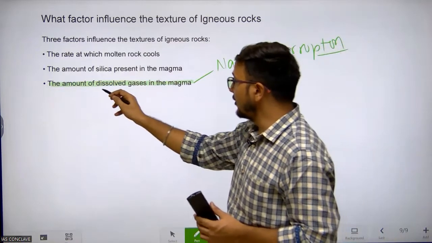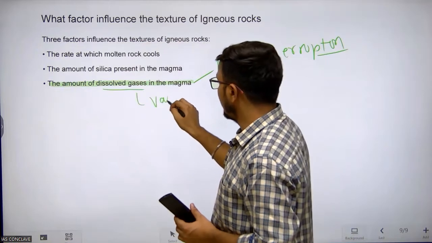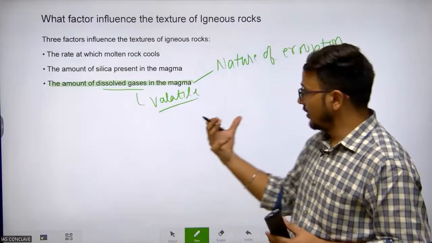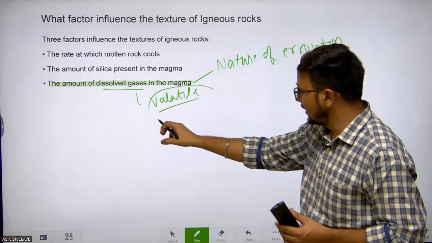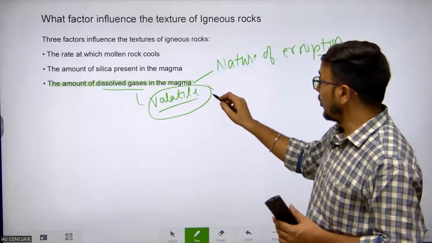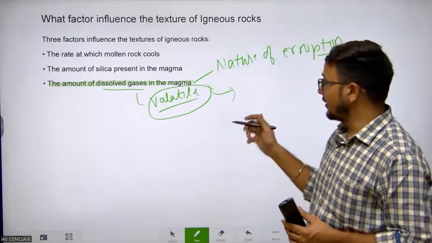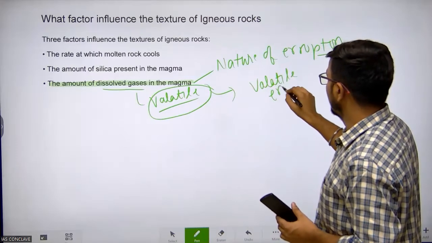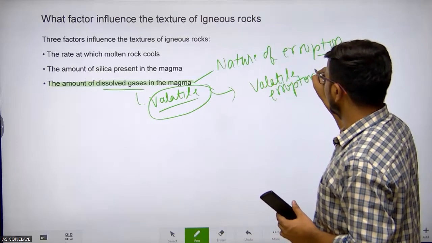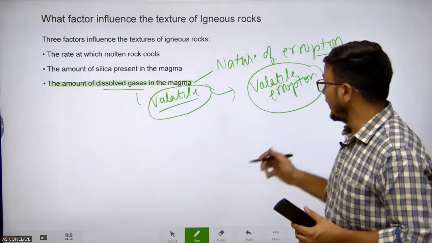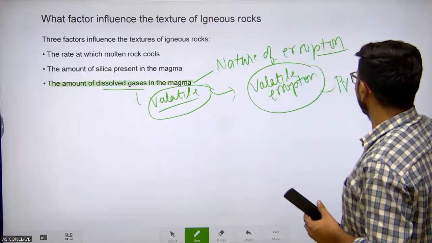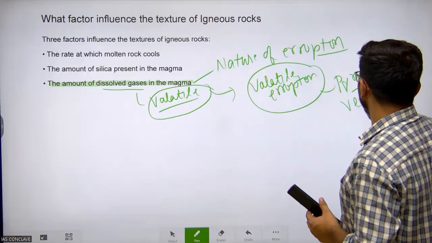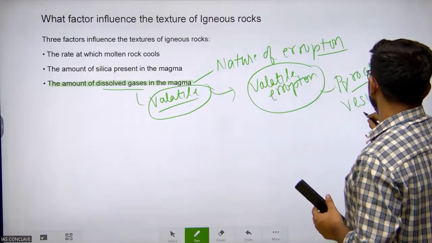If it has high dissolved gases, meaning high volatiles like water vapor, CO2, SO2 and other gases, its eruption is going to be a very volatile eruption. With very volatile eruptions, the rock textures would be like pyroclastic texture and vesicular texture.